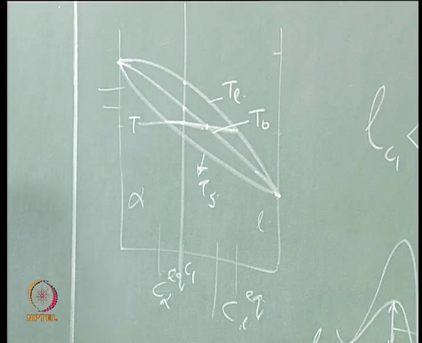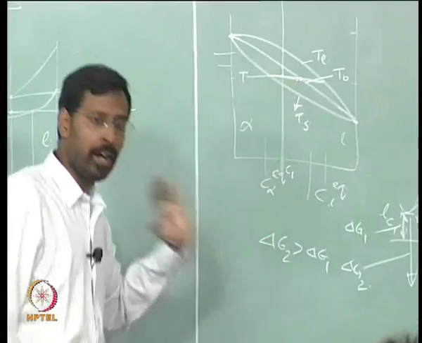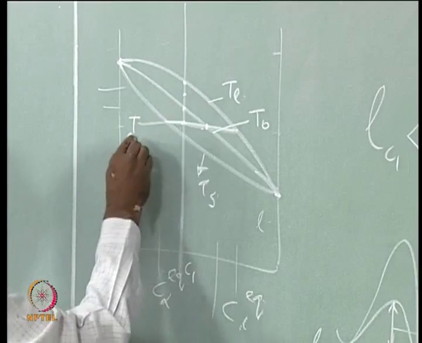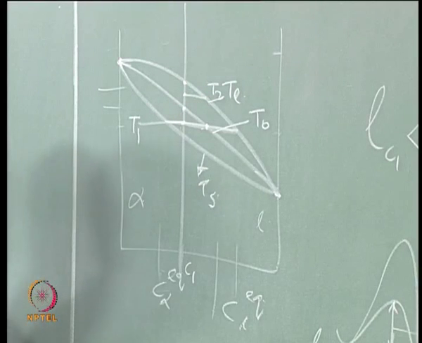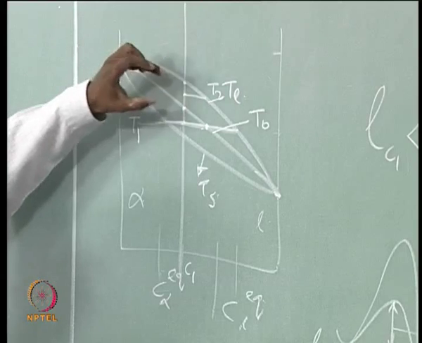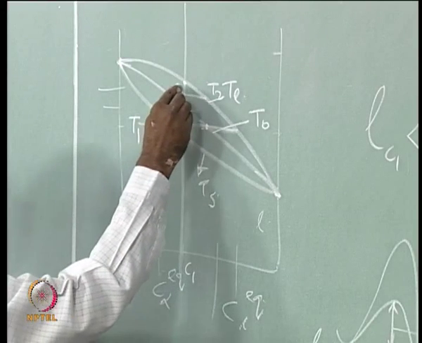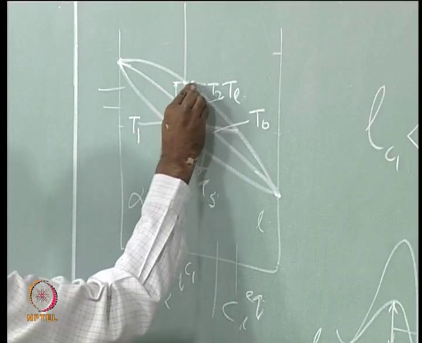That means partitionless solidification is possible. If I take the same alloy and undercool it to this temperature, I call it T1, and let us call this T2. At that temperature, the undercooling of this alloy is smaller now. I can call this delta T1 and this delta T2.